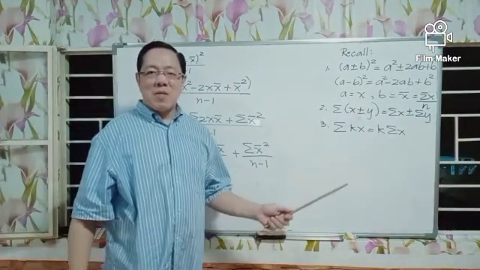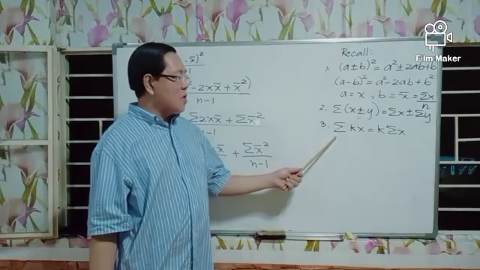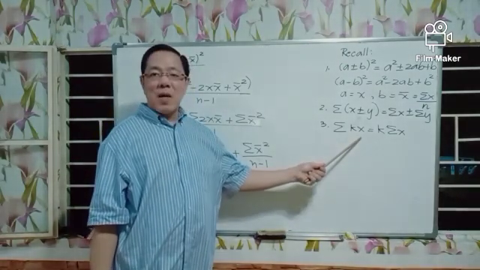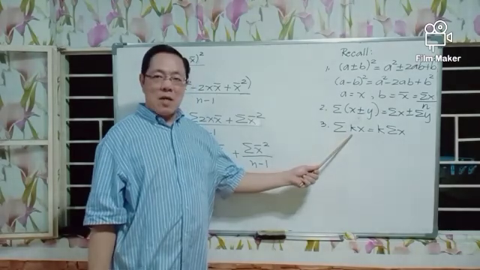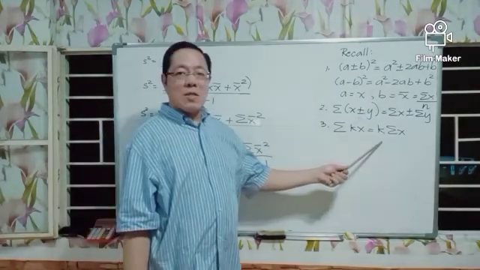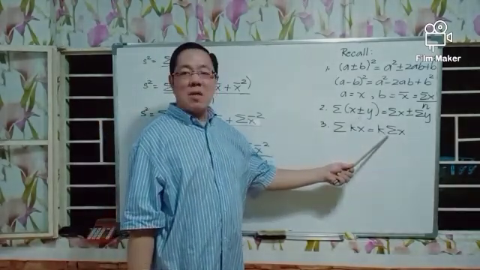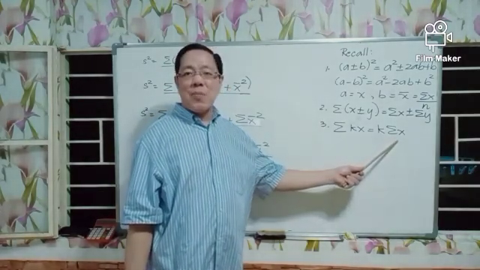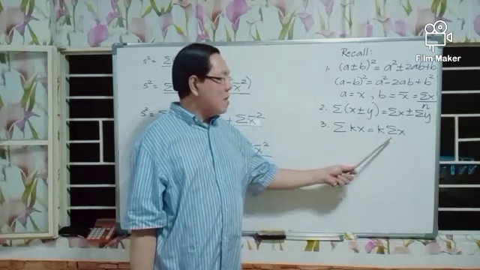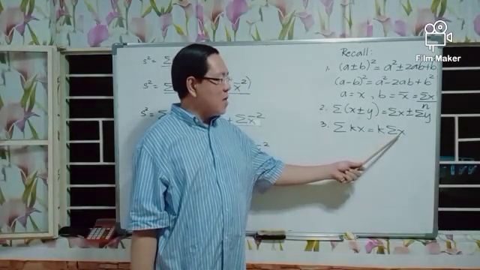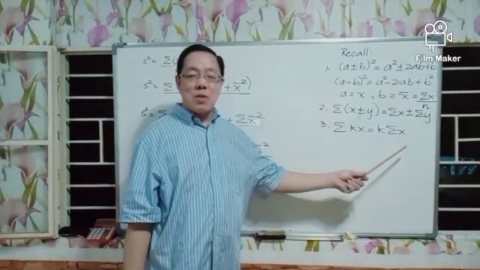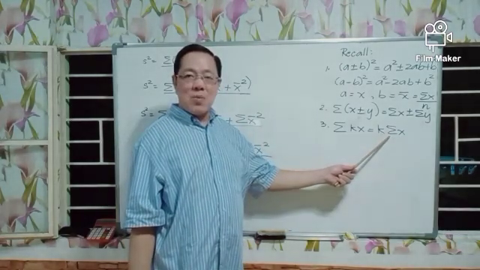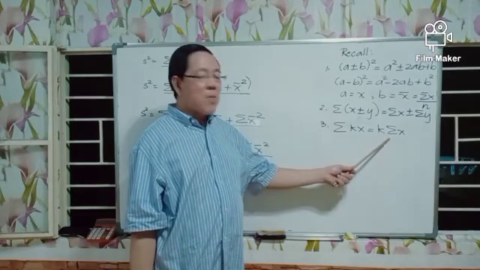Another property of summation says that the summation of the product k times x, where x is a variable and k is a constant, is equal to the constant multiplied by the summation of x. It is the value of x that varies. If you are getting the summation of n values of x, then the index of the summation will go from 1 to n.